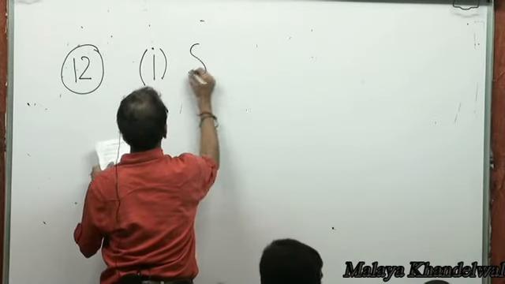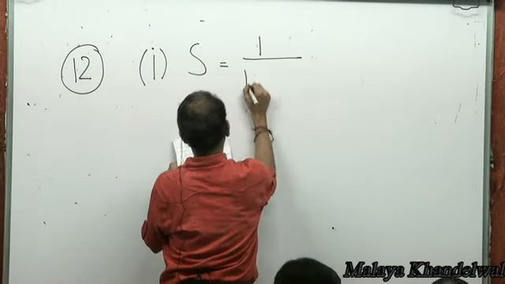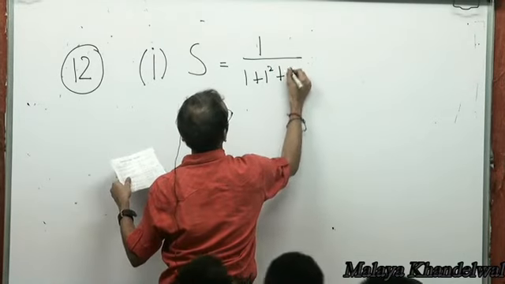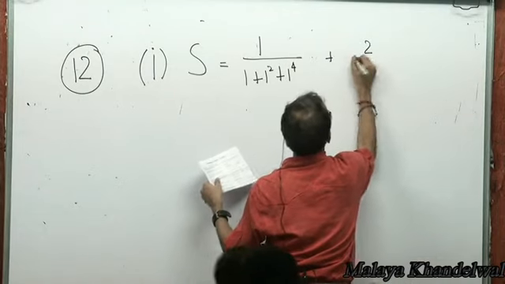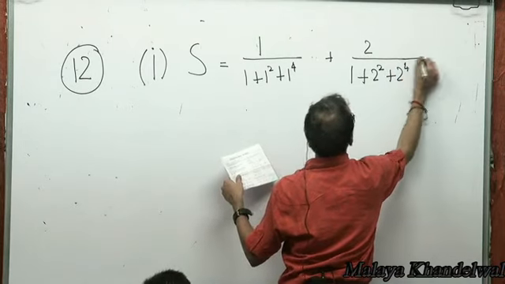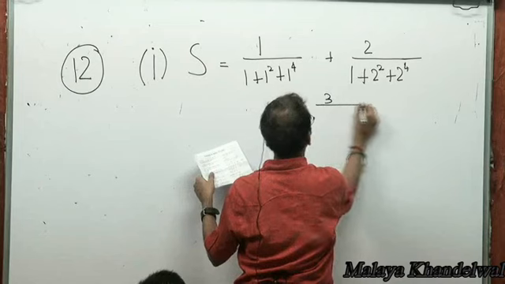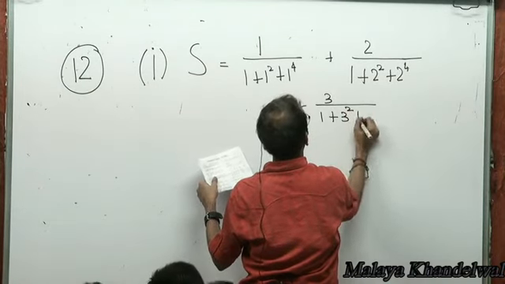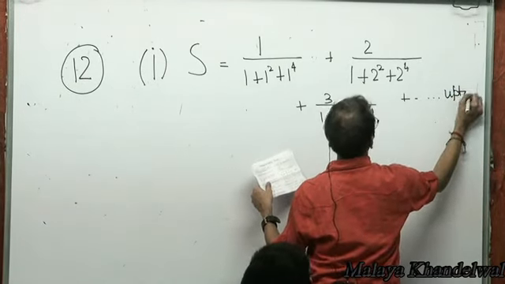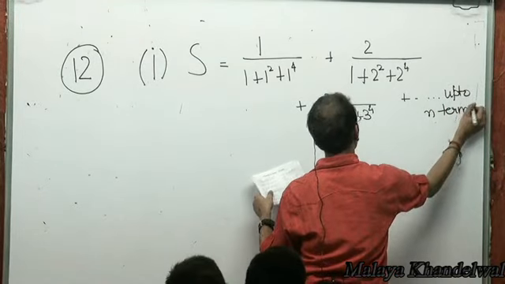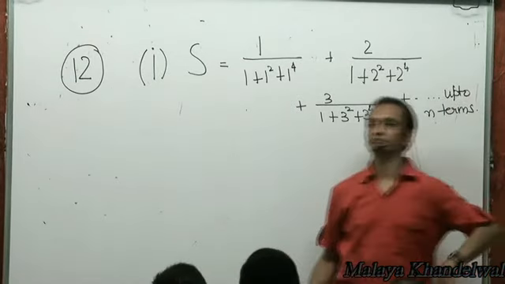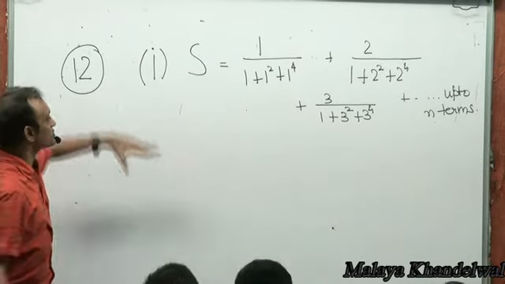We want to find the summation 1 by 1 plus 1 squared plus 1 to power 4 plus 2 by 1 plus 2 squared plus 2 to power 4 up to n terms. We want to find the sum up to n terms of this.